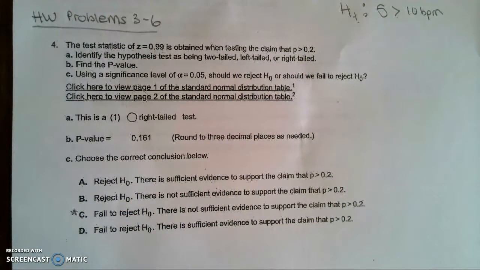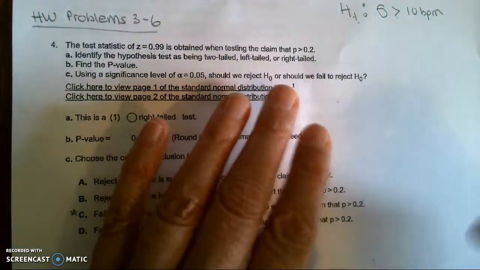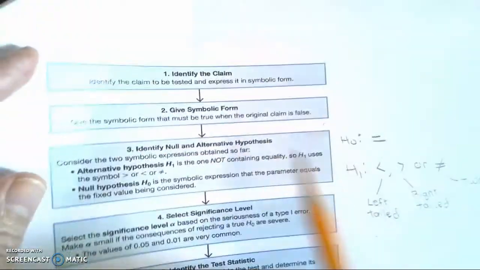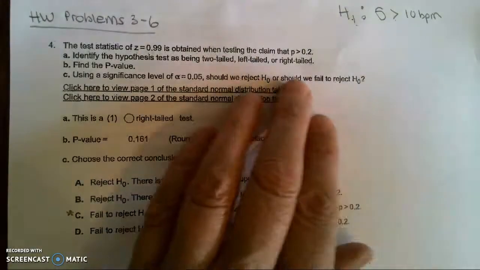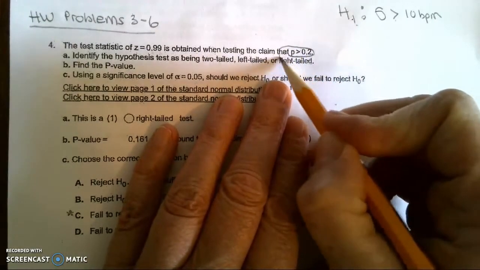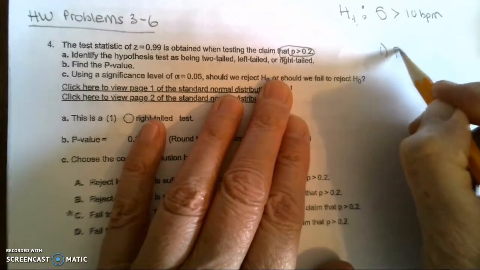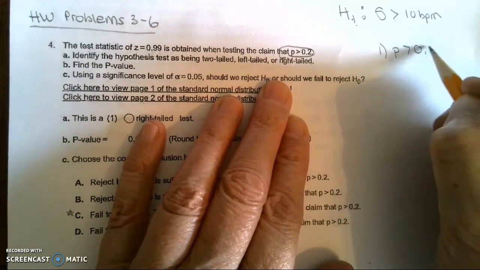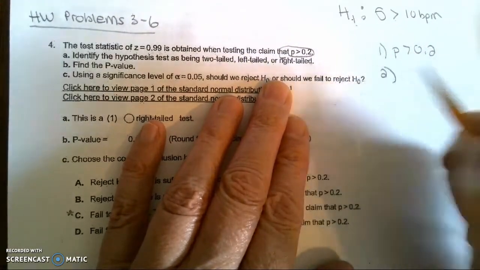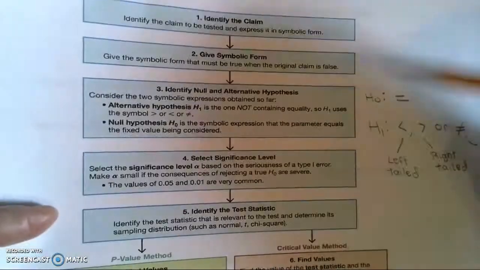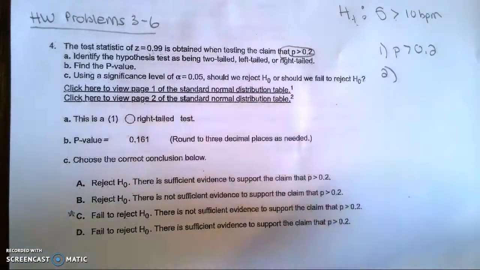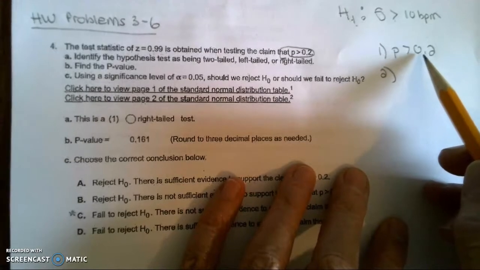Okay, so we have to decide whether it's left-tailed, right-tailed, or two-tailed. Let's go back to what we covered in the previous problems. First thing we have to do is come up with the claim. This is a claim right there. Step 2, if you remember, is what's true when the claim is false?